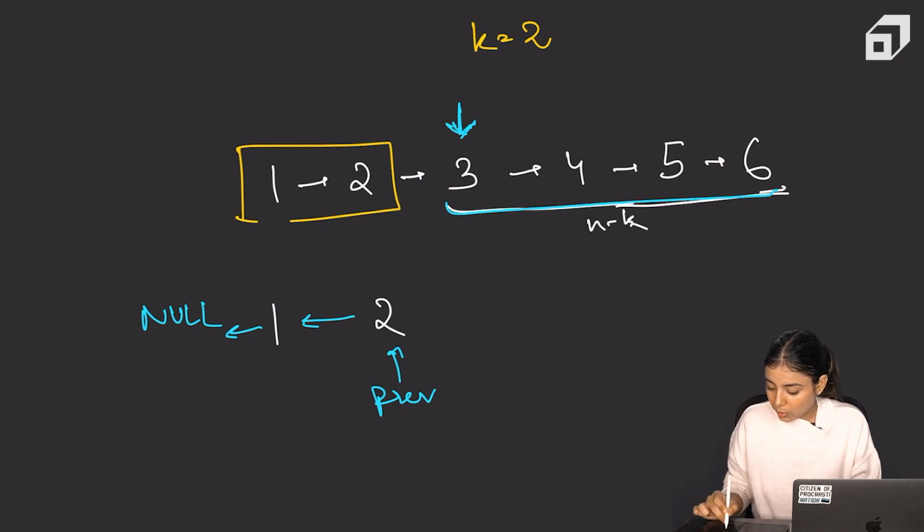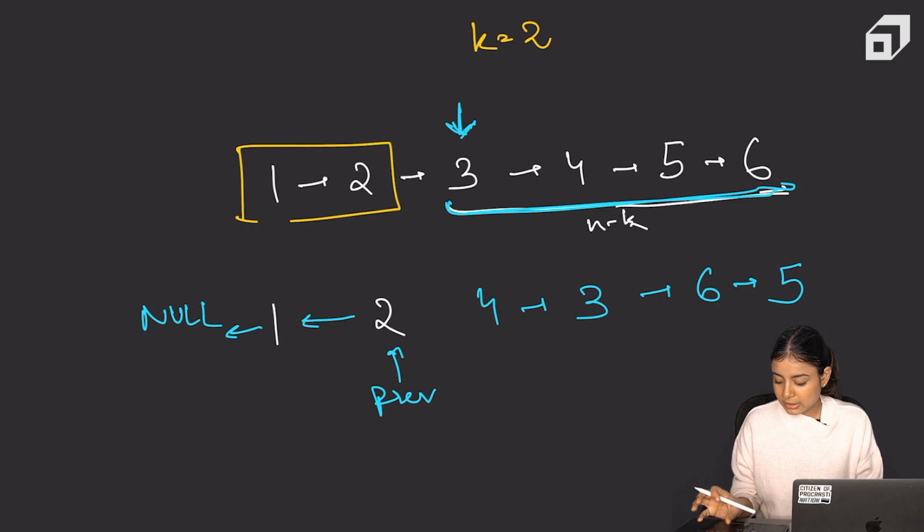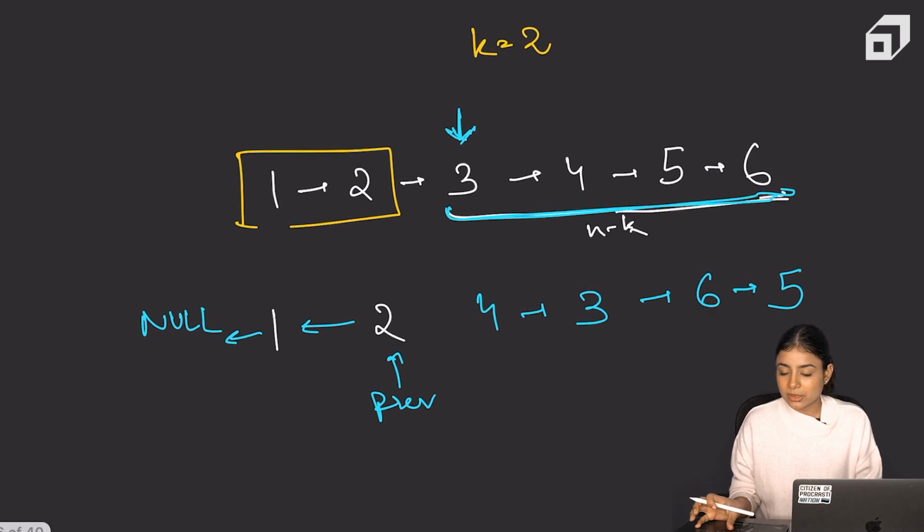So how would that look? It would look something like this, right? This is the k at a time reversed linked list for this part of the linked list. So let's assume this is what is being returned to us by the recursive function.